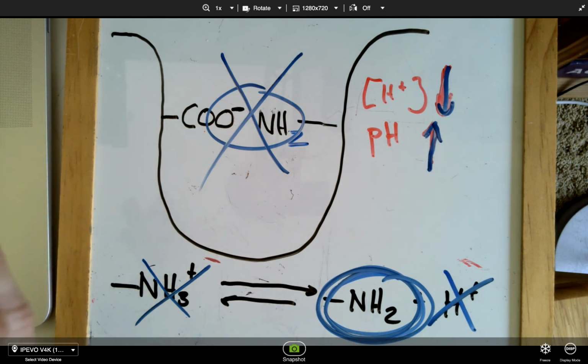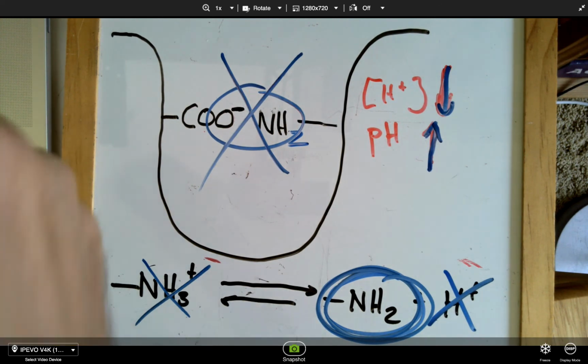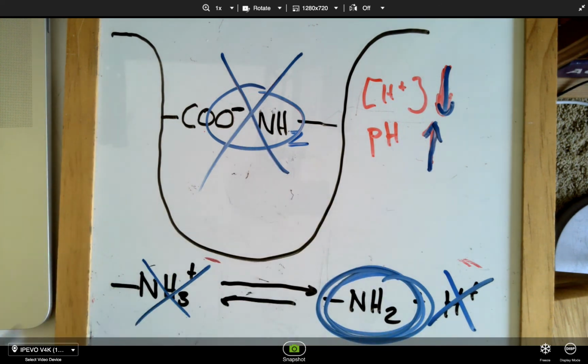So what we've seen here then is if you have a protein, it's evolved to a specific pH. And if you take that pH and bring it up too high, the protein will denature. If you take that pH and drive it too low, the protein will denature. It has an optimal pH at which the carboxyl group is negatively charged, the amino group is positively charged, and they can form that important ionic interaction.